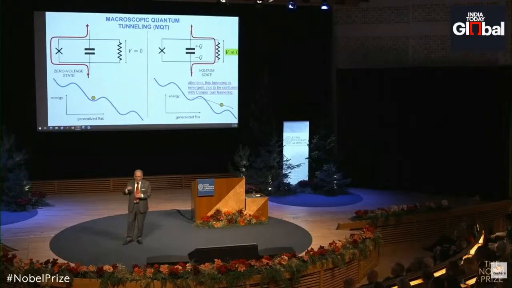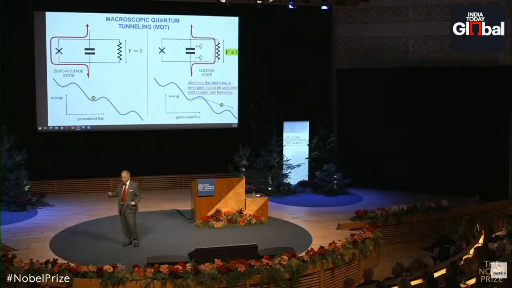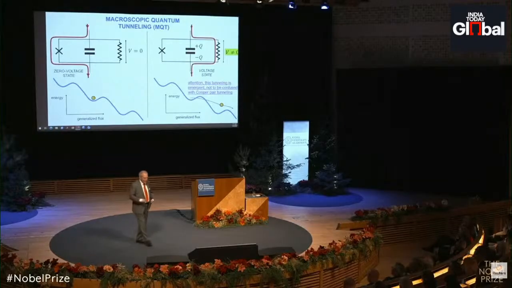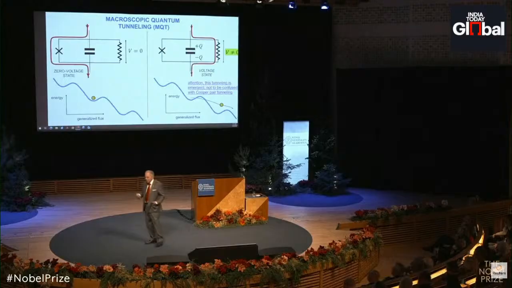These two levels should not be confused. What we have discovered is the tunneling of the state of the whole circuit, not the tunneling of electrons, or of electrons in pair. That was the discovery of Josephson. So what we've done is post-Josephson physics.